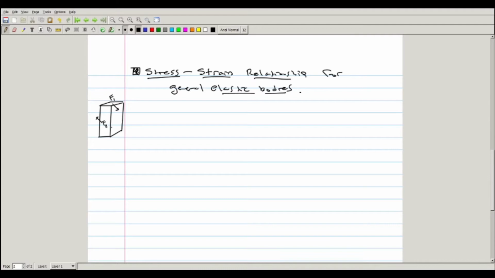But the idea is that we describe these relationships using what's known as a tensor, or in slightly less complicated terminology, a very special matrix function of position and time.